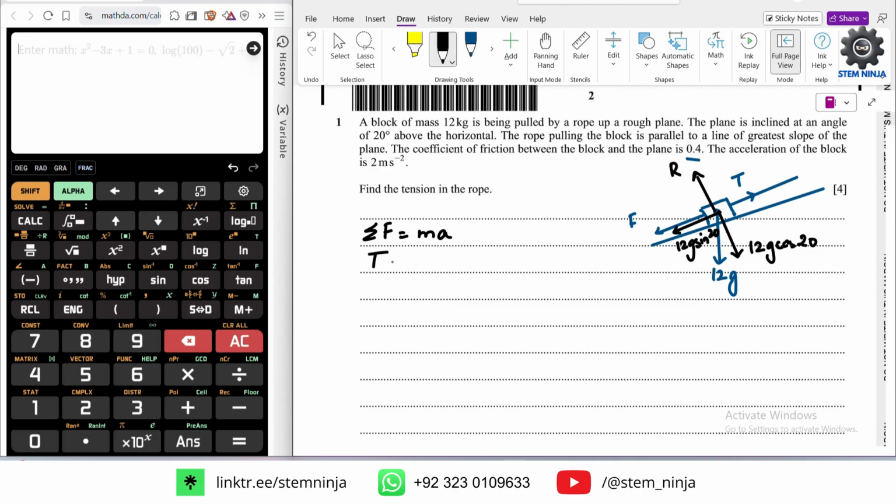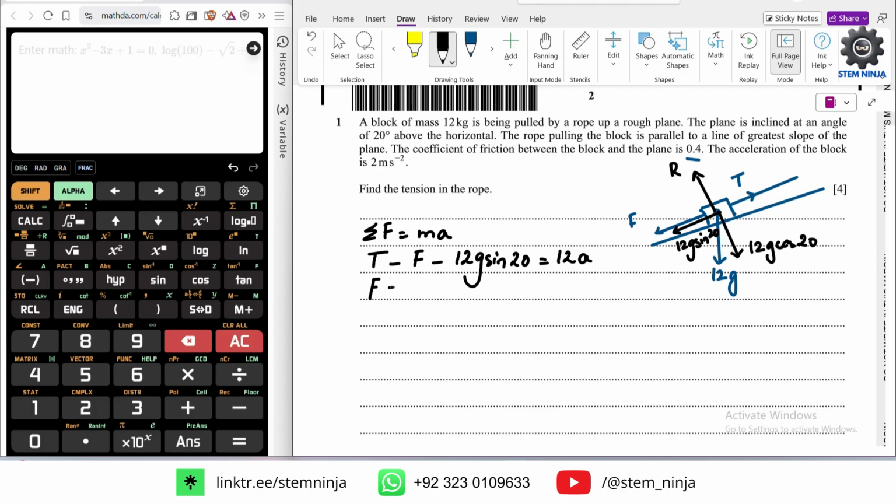Tension minus friction minus 12g sin 20 equals 12 times acceleration.